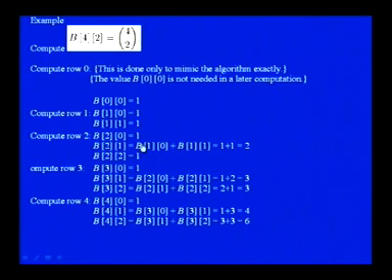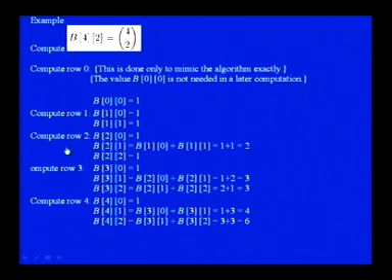Binomial of 1, 0 we have already found. Since we already found it, this need not be recomputed, so I can simply reuse this value here. So, this becomes 1 plus 1, which is 2, and b of 2, 2 is 1 because i is equal to j.